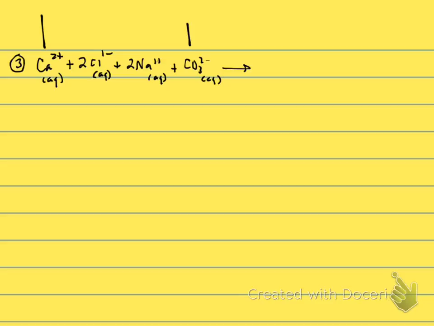Sodium and the chloride are still just swimming around, not talking to anybody. So what we get out of this is actually calcium carbonate as a solid, plus, hey, we've still got our little sodium 1+ ions swimming around, not doing anything useful. And we've still got our chloride ions swimming around, not really being any help to anybody.